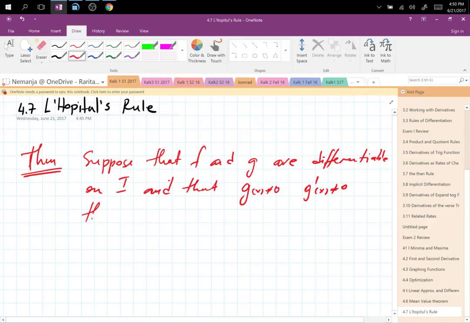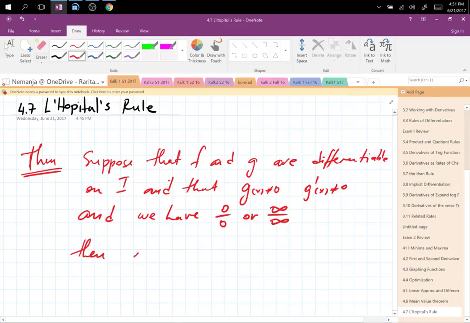Then, and this is very important, we have 0 over 0 or infinity over infinity. I'll explain that. It's called indeterminate form.